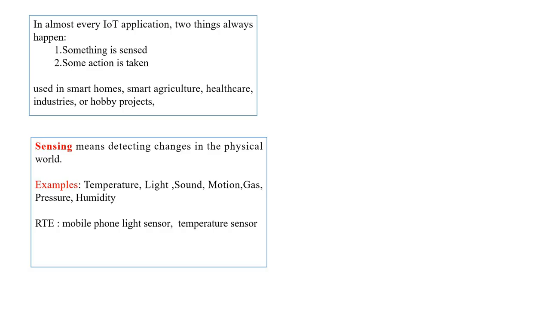Then the second is the temperature sensor in the air conditioner, which senses the room temperature. In IoT, these sensors act like the human senses, like the eyes, ears, skin, nose.